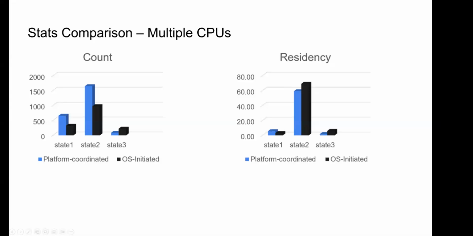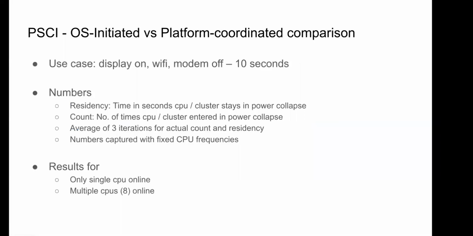Could you please explain what residency means? Residency is the time in which this particular state, a CPU or a cluster, is staying. This is in seconds. You mean in idle state? Right, in idle state.